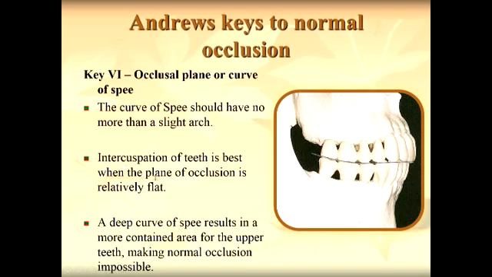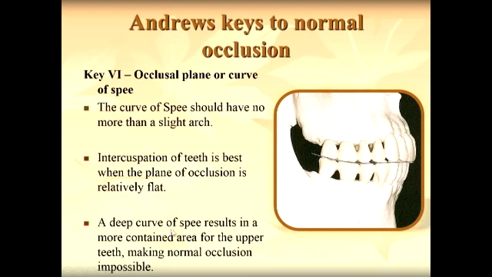Intercuspation of the teeth is best when the plane of occlusion is relatively flat. Therefore, the stability and success of the treatment must be within a flat or slight curve of Spee.